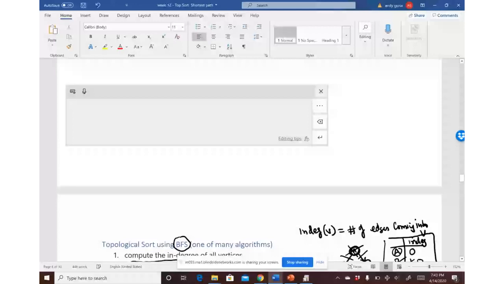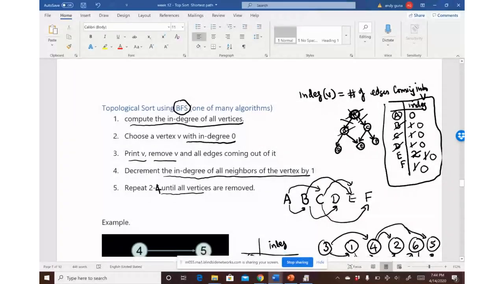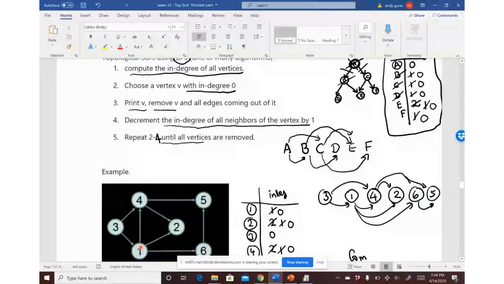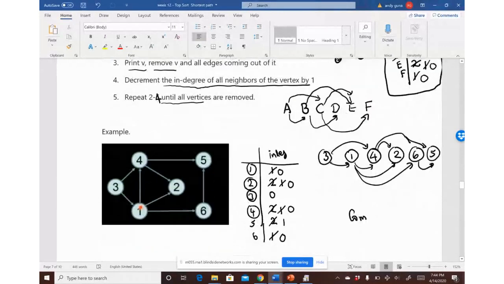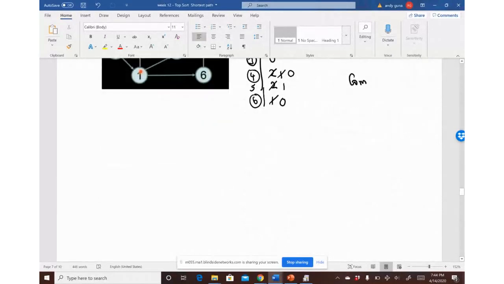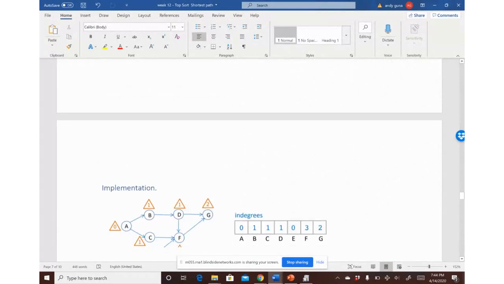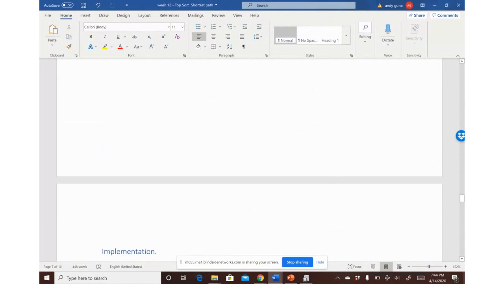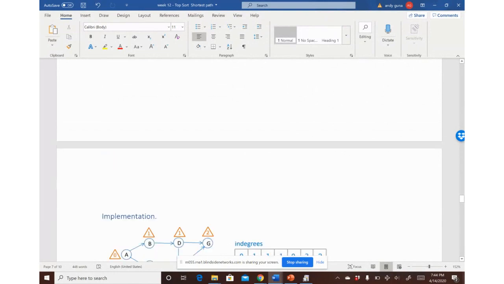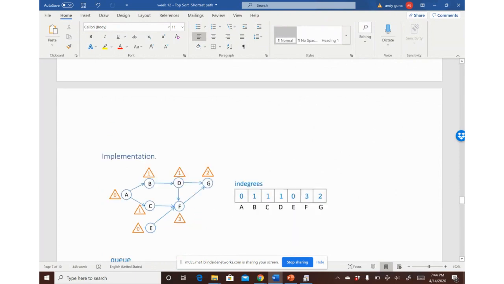Okay, so let's go through the implementation details here. The implementation is essentially given this, and you have to maintain a space, the size, because it contains the in degrees of nodes.